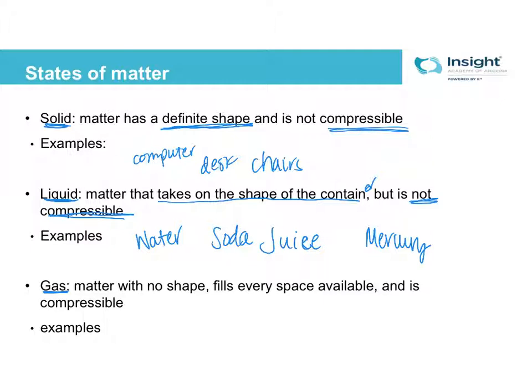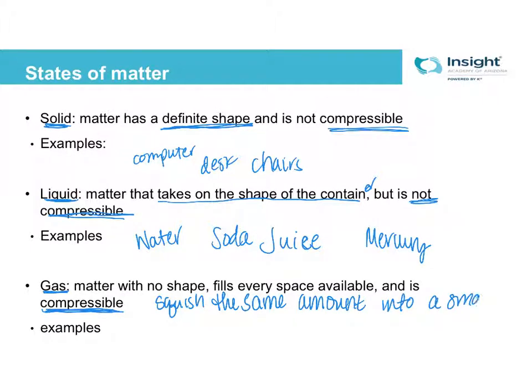The unique thing to gases, aside from its ability to just fill and go anywhere, is that it is compressible. And what that means is you can squish the same amount into a smaller space. That's what is meant by compressible.